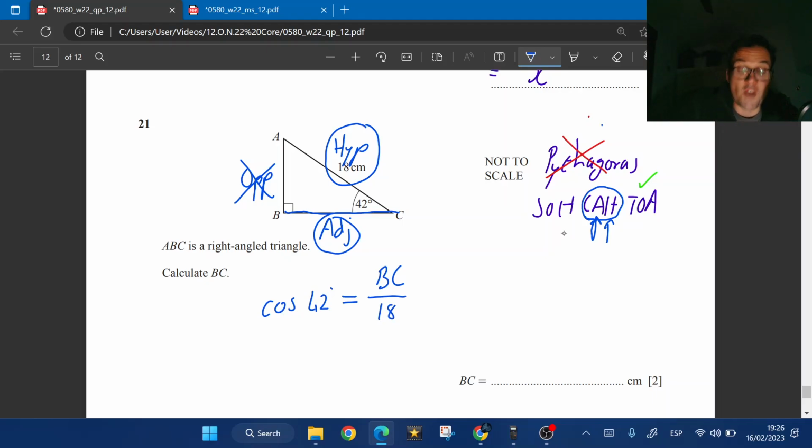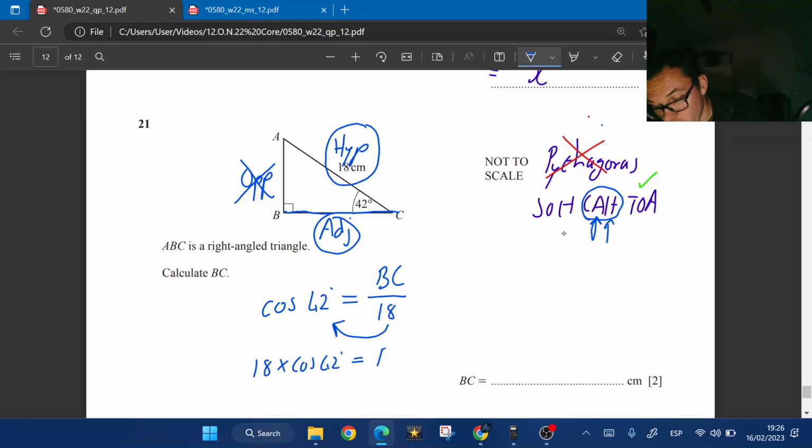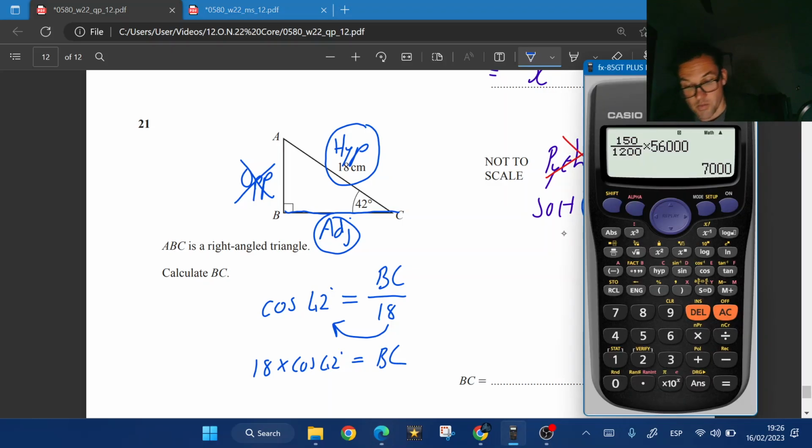Okay, so to find BC, we just need to move that 18 to the other side. So divide becomes multiply. So it will be 18 times cos 42 equals BC. Put that in, and we get the answer.